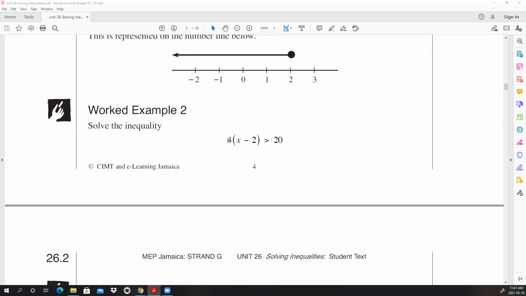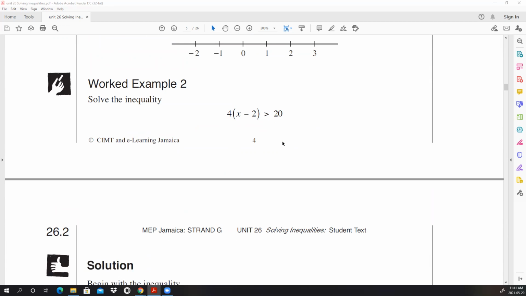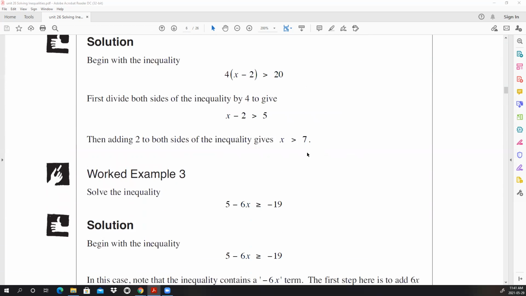Solve the inequality. You have 4 times x minus 2 in brackets is greater than 20. You can divide both sides by 4 straight off if you want. You get x minus 2 is greater than 5. And then you add 2 to both sides, you get x greater than 7. Right?